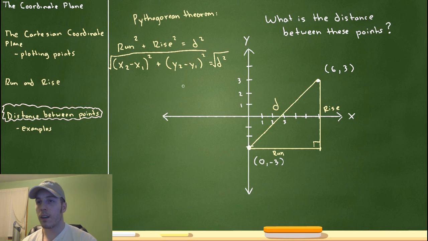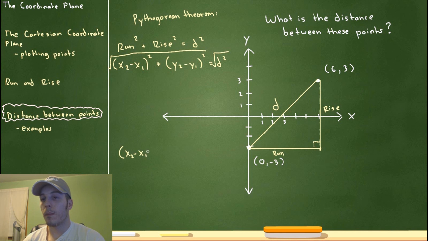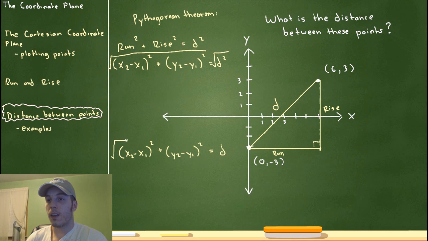Now you don't need to worry about this too much yet, because we didn't go over equation solving. But let me write it down here. We're going to have x2 minus x1 squared plus y2 minus y1 squared, the quantity of the sum underneath the square root.